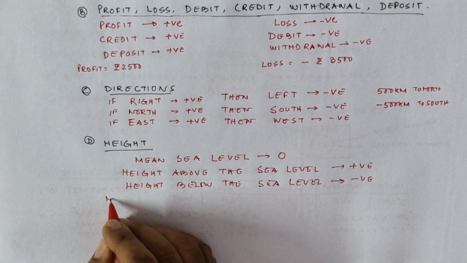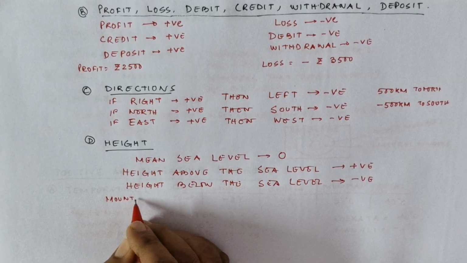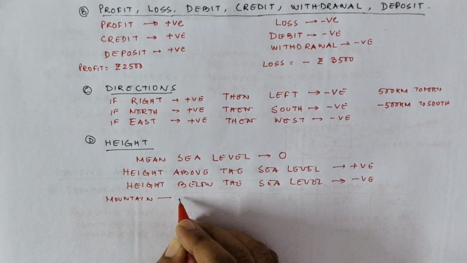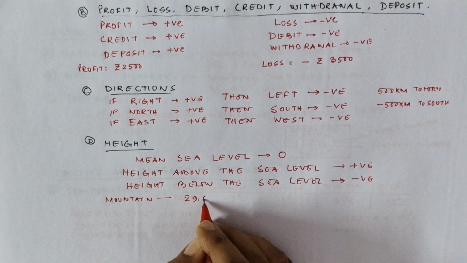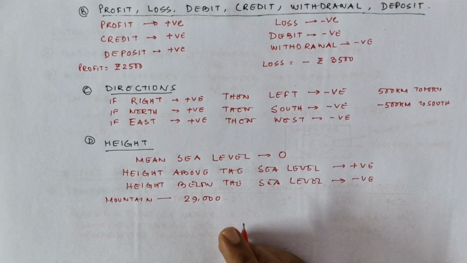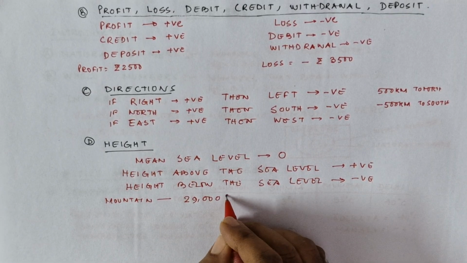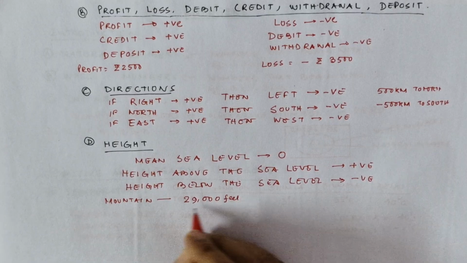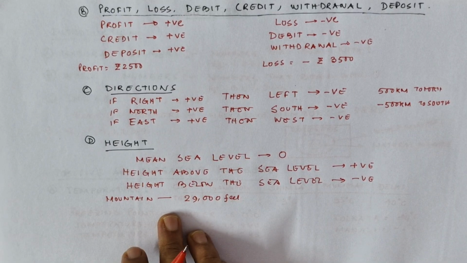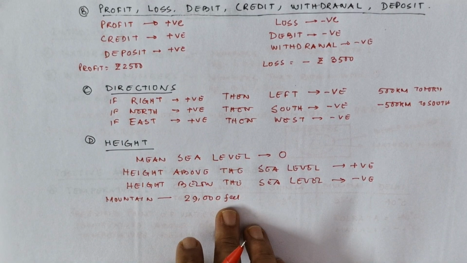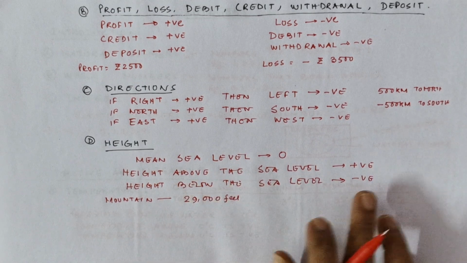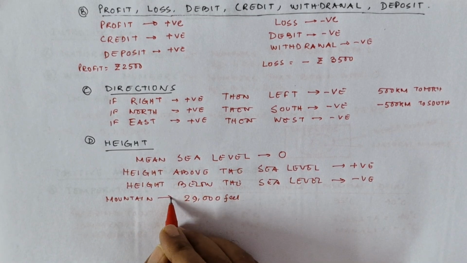height of a mountain is 29,000 feet. So we'll write 29,000 feet. Got it? So if I write this, it means that the mountain is situated 29,000 feet above the sea level, as it is positive.